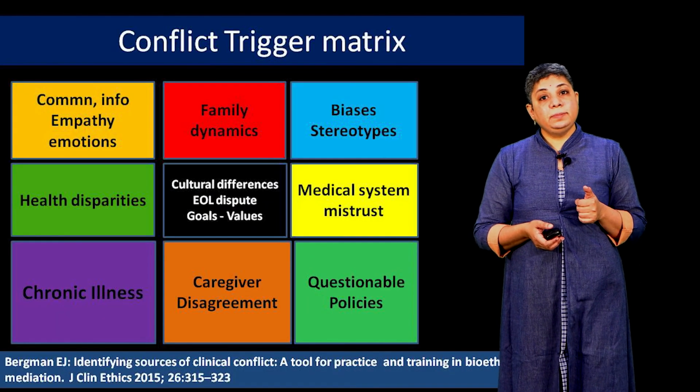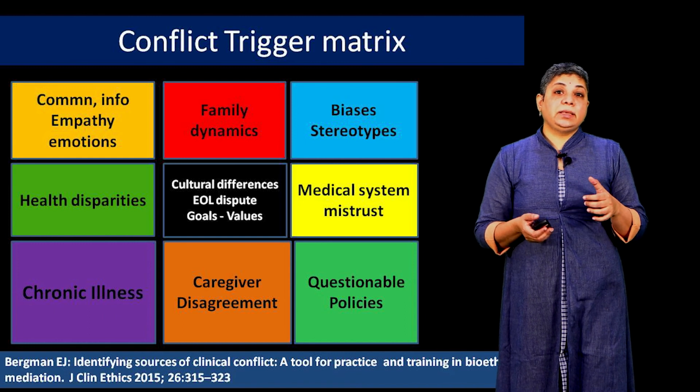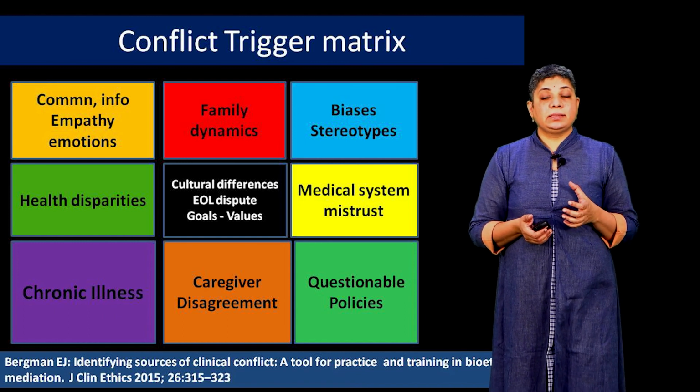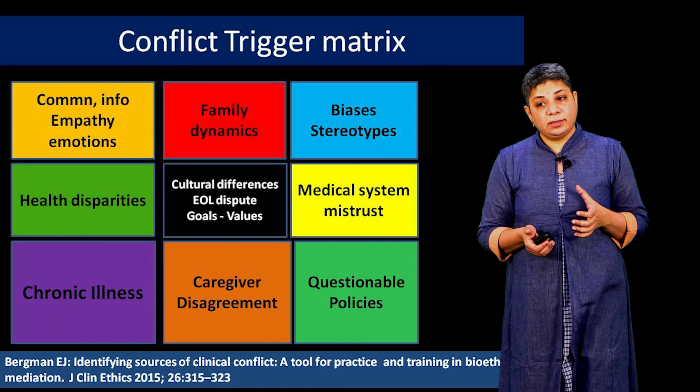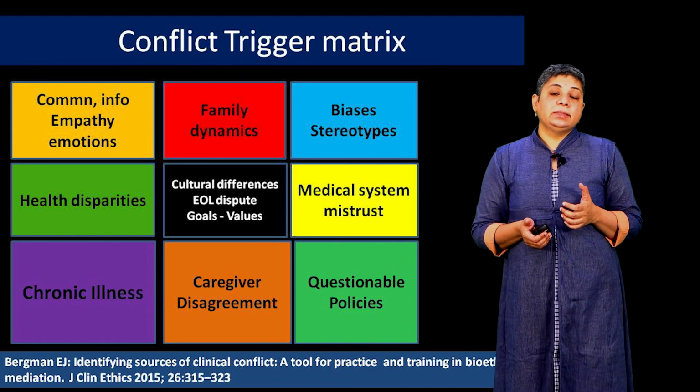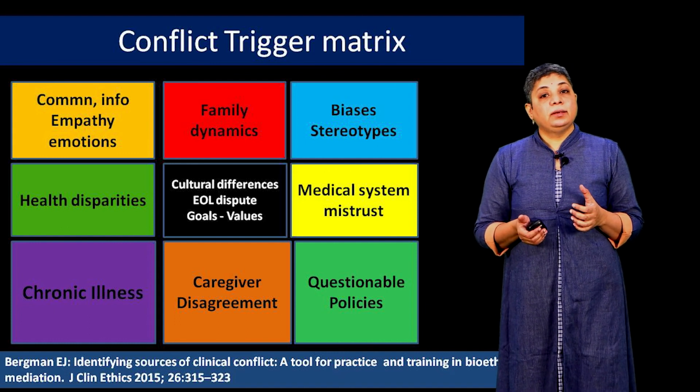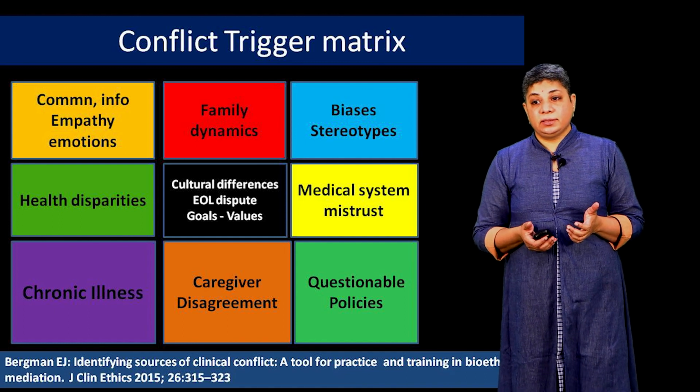Now the thing that helps us in understanding this is something called a conflict trigger matrix. It basically consists of both internal triggers and external triggers.